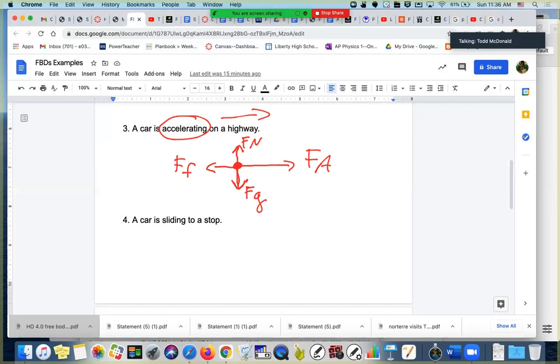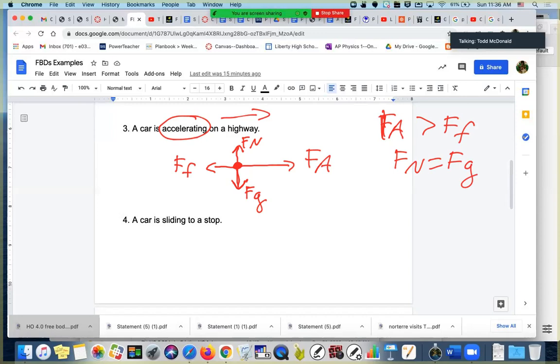Okay. So because there's acceleration in the X direction, our applied force is actually bigger than our force of friction. But in the Y direction, the up and down, our normal force is still equal to our force of gravity. So I'm writing these out to the side because you're going to have to get used to comparing the two sets of forces, the up and down forces and the left and right forces.